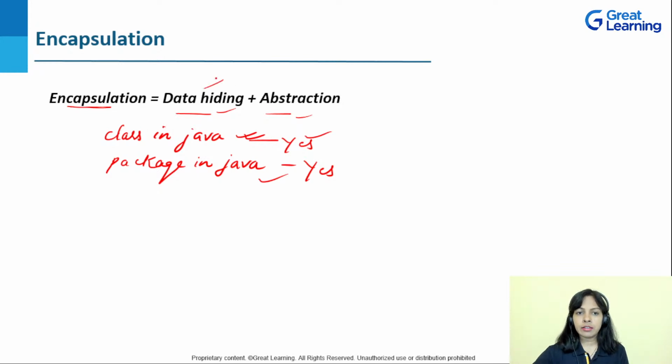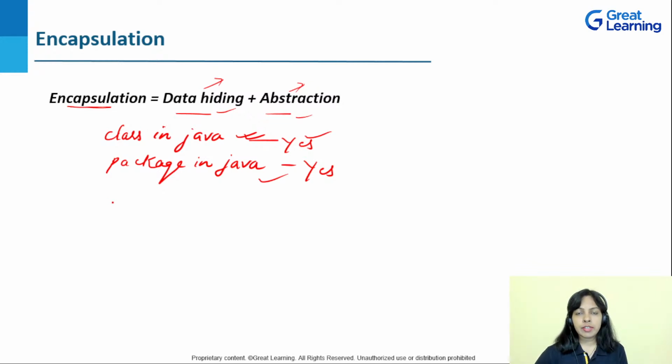Now, what is data hiding and what is abstraction? Data hiding is when an outside person, meaning a person who does not have access to the code you have written for a project, cannot access the methods or variables, basically the data members of a class. That is called data hiding.